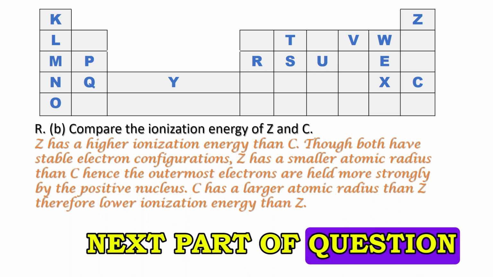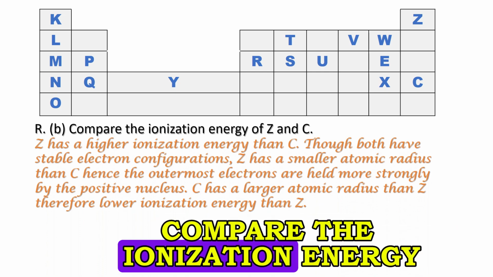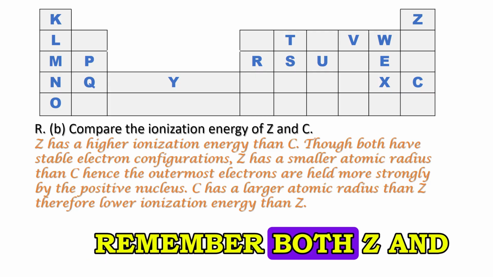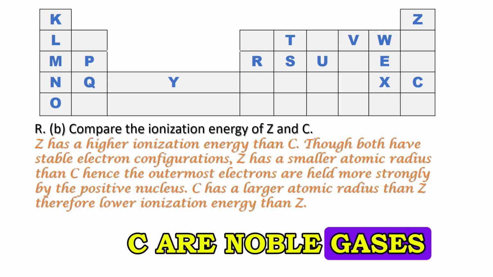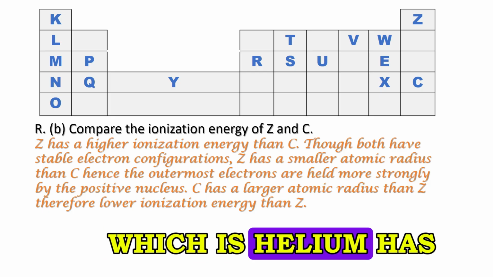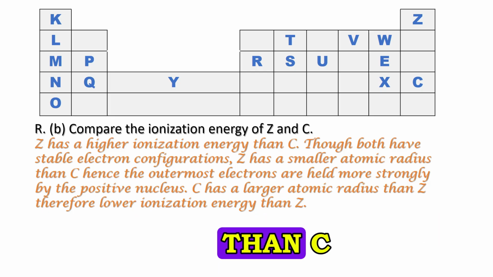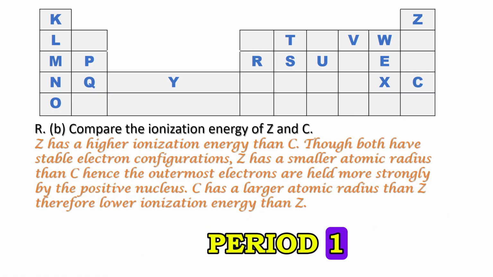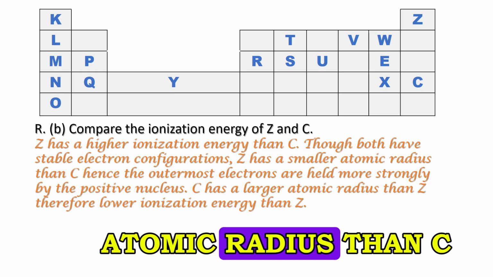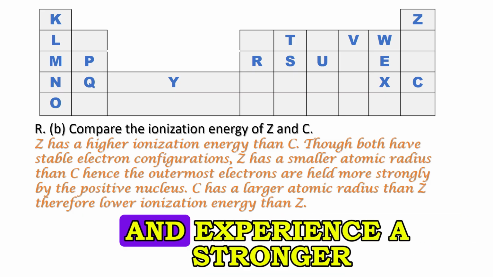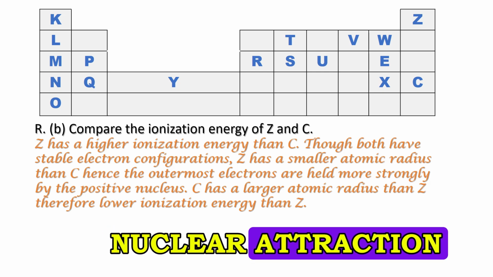Next part of question R asks, compare the ionization energy of Z and C. Remember, both Z and C are noble gases and have stable electron configurations, but Z, which is helium, has a higher ionization energy than C, krypton. So, the explanation here is that helium is in period 1 and has a smaller atomic radius than C, meaning its electrons are closer to the nucleus and experience a stronger nuclear attraction.